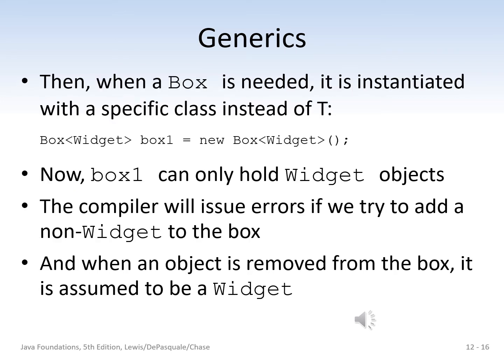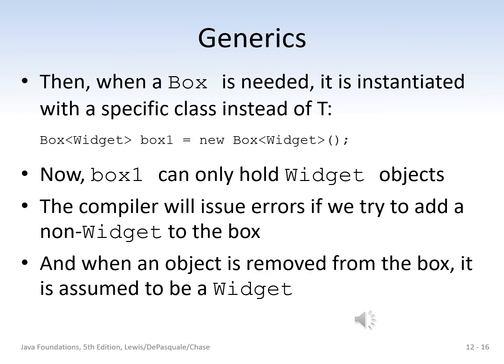Then, when we need an object of the Box class, it's instantiated with a specific class, in this case Widget, instead of the T. So Box<Widget> box1 = new Box<Widget>. Box1 is the object reference variable.